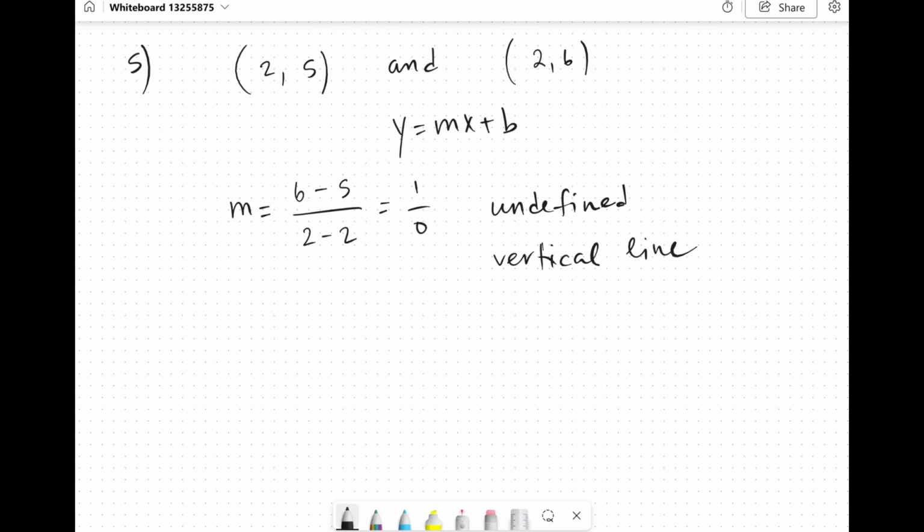You can quickly sketch the graph of a vertical line that passes through the 2 given points, 2, 5 and 2, 6. And to write the equation, all you have to do is know where that line hits the x-axis. That would be at this +2, so the equation of this line is x equals +2.